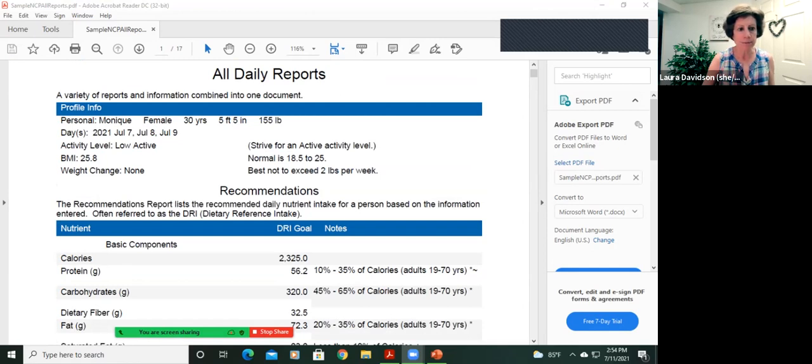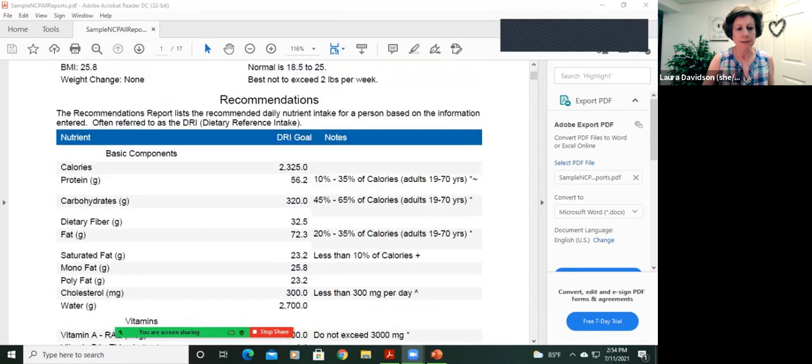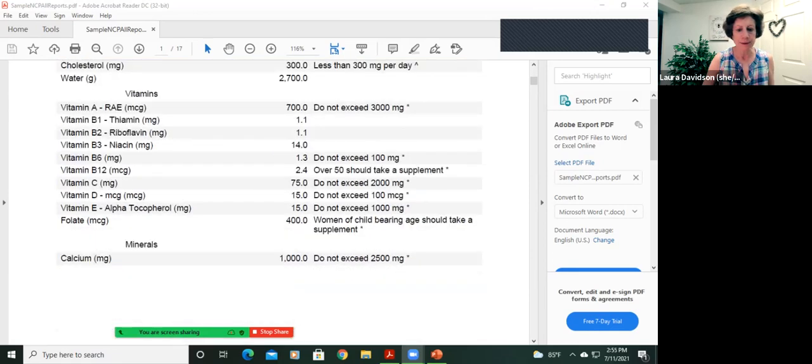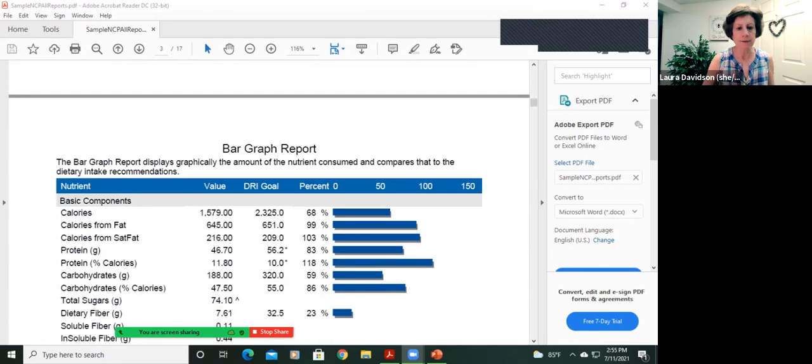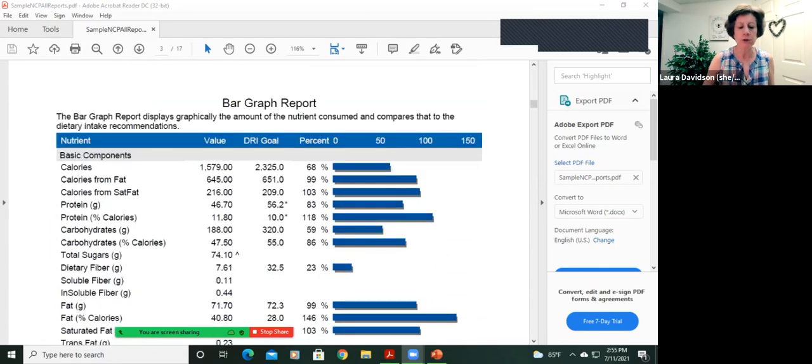This is for Monique, the recommendations, and then you've got this nice bar graph, and you're going to use this a lot. This bar graph, the value column is your intake. The DRI column is your recommendation, and the percent bar is the percent of that recommendation that your intake met. All right, so you can see clearly here that Monique was short on calories, 68%.